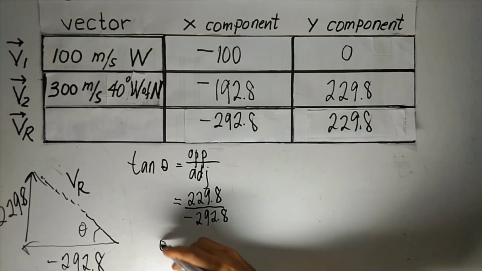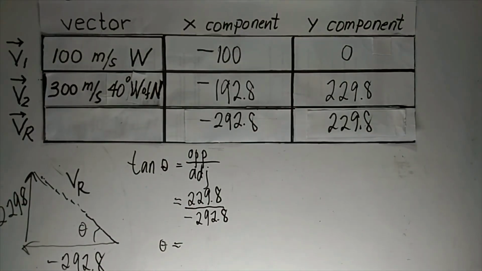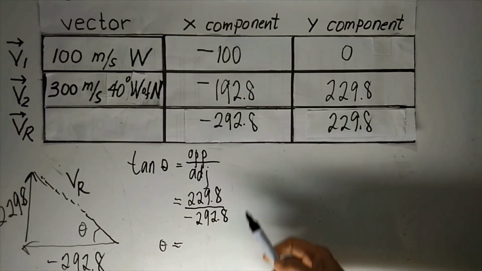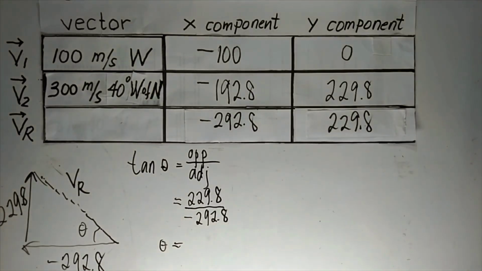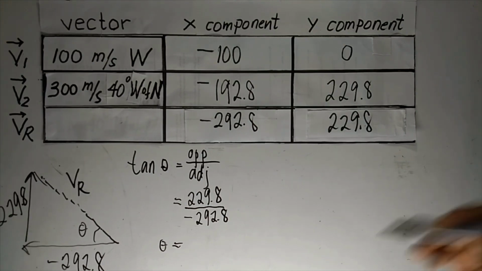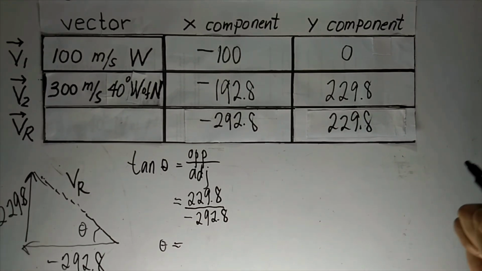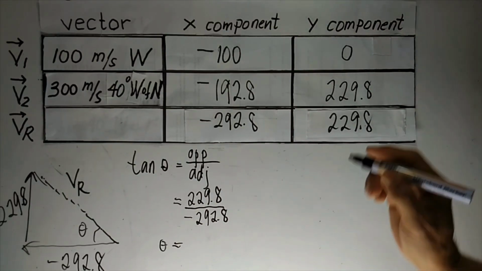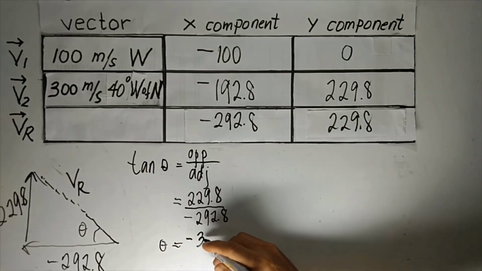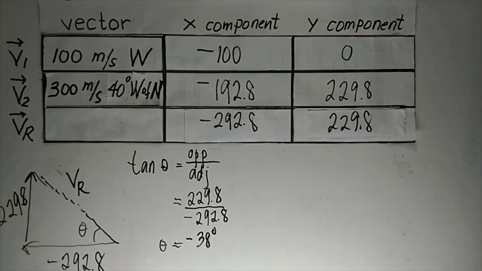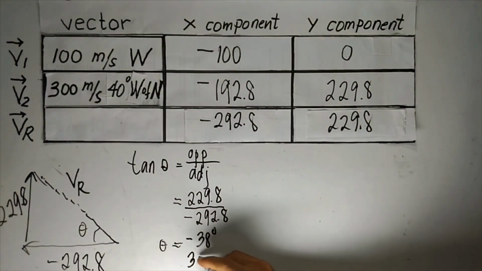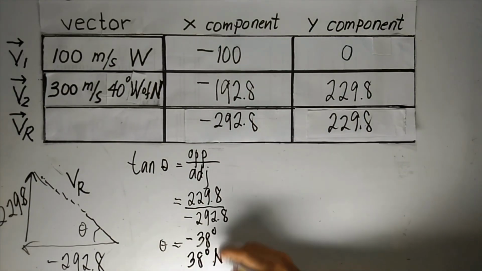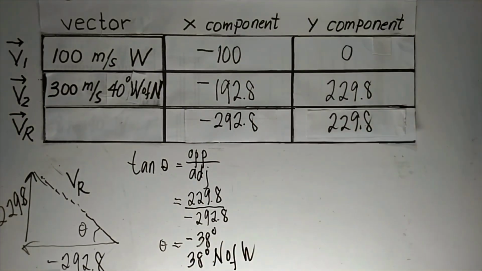So our angle therefore will be equal to, with the help of your calculator, 229.8 divided by negative 292.8 is equal to a particular value, and then you press the shift tangent button of your calculator or second function tangent, then you'll get a value of negative 38 degrees or 38 degrees north of west.